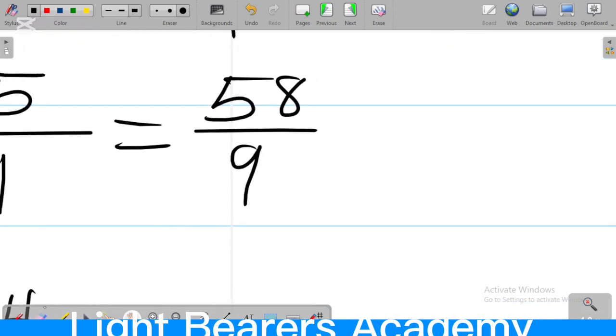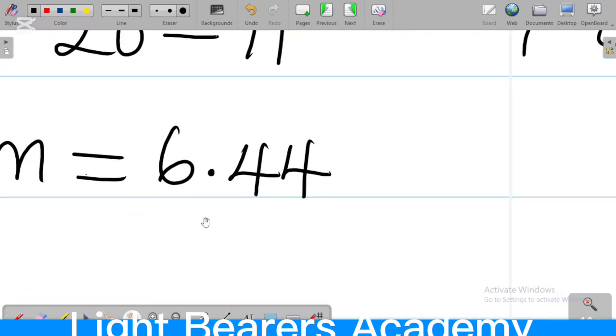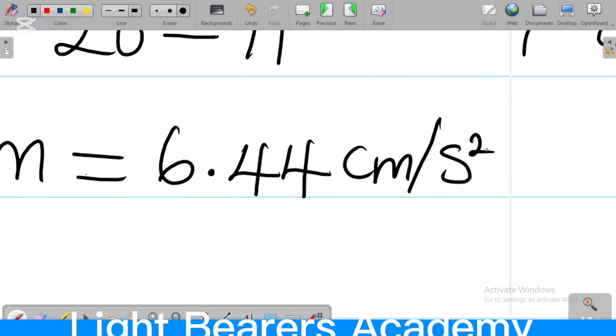Now remember that h is measured in what? Centimeter. And then t square is measured in second square. So therefore, the unit of our slope is centimeter per second square.